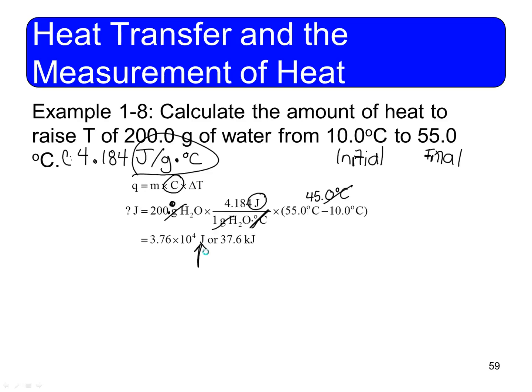You want to be left with joules. You don't want to be left with joules per gram or anything like that. That's why you have to have mass in grams and temperature in degrees C. And so we end up with 3.76 times 10 to the 4th joules. And you can convert this to kilojoules if you want to. It's just dividing by 1,000.